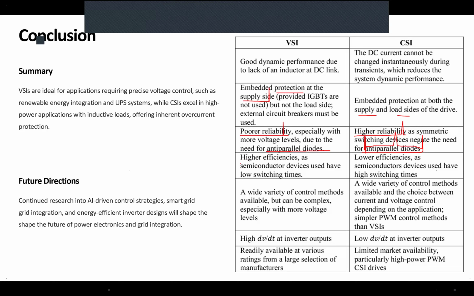Okay, VSI has higher switching frequencies. CSI works with lower frequencies and has higher efficiency. VSI has lower efficiency. VSI can use a wide range of control methods, and normally uses SPWM or SVM, as we talked about.